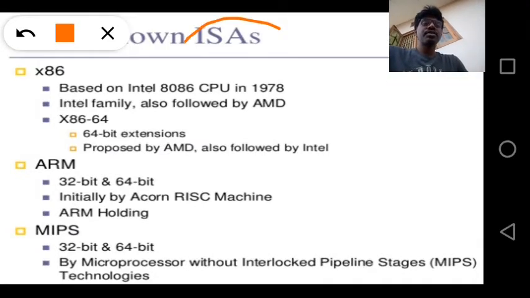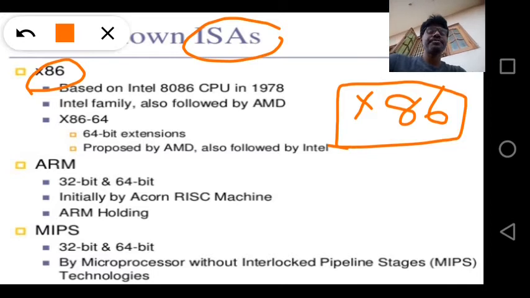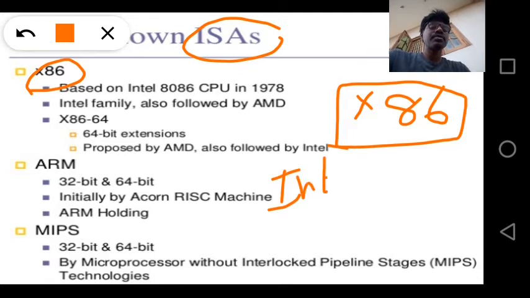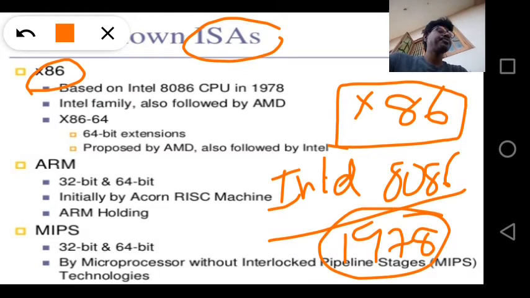Examples for famous, well-known instruction set architecture is one is x86, which is one type of architecture which is based on Intel 8086 processor, which is developed in 1978.